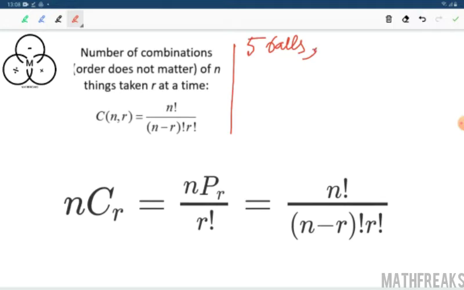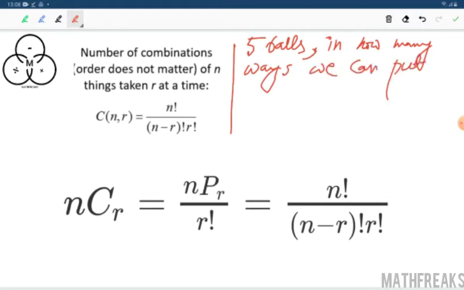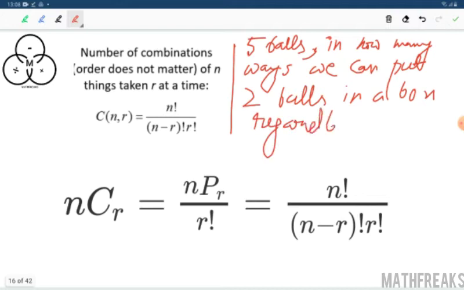Five different balls. In how many ways can we put 2 balls in a box such that their arrangement does not matter, regardless of the order of the balls?